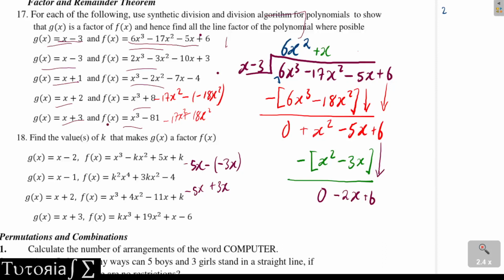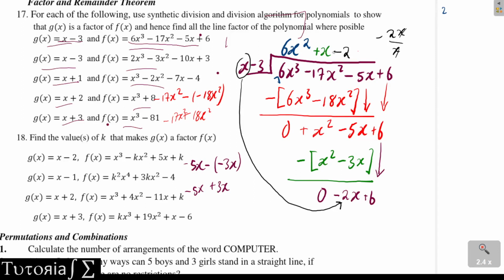Again, the algorithm continues. So what we'll do is we'll say, let me use black. We say this x now into that variable there. So that is negative 2x divided by x. So if we divide this, the x and the x will cancel and remain with negative 2 here.